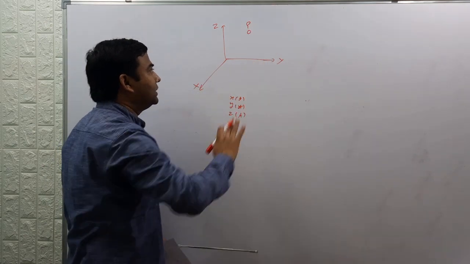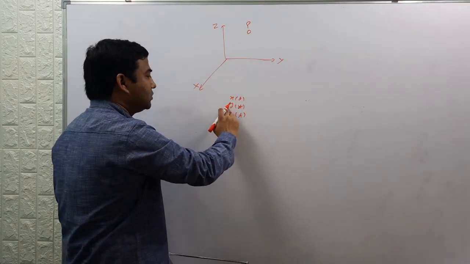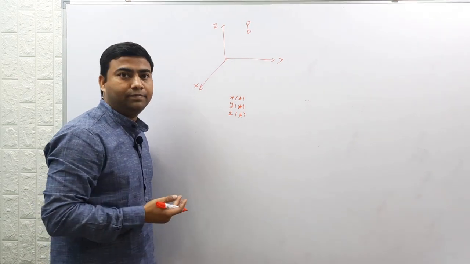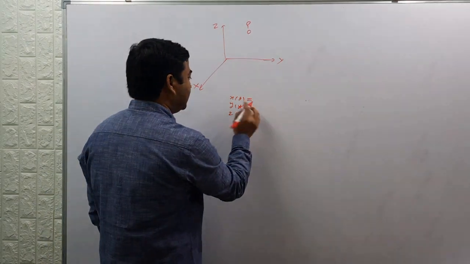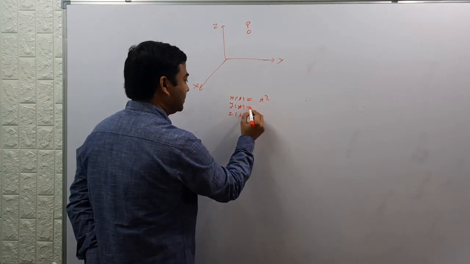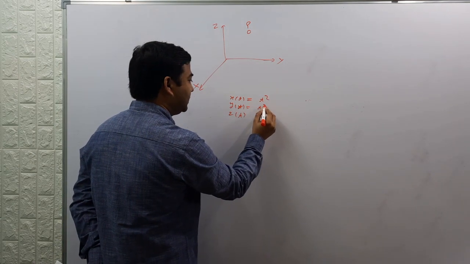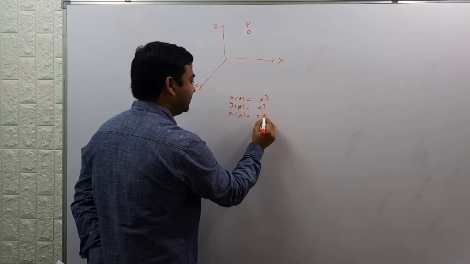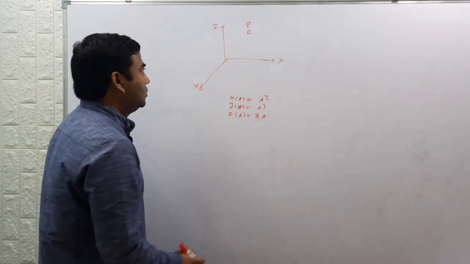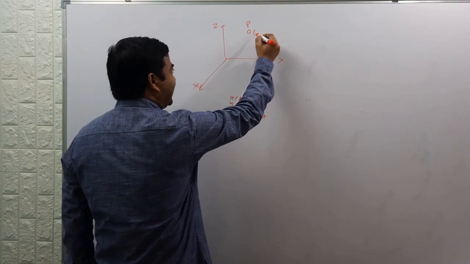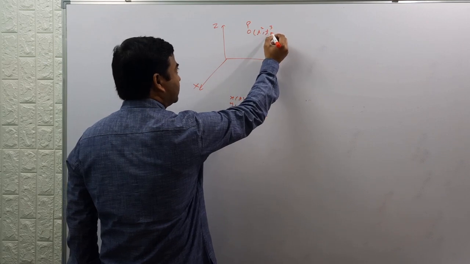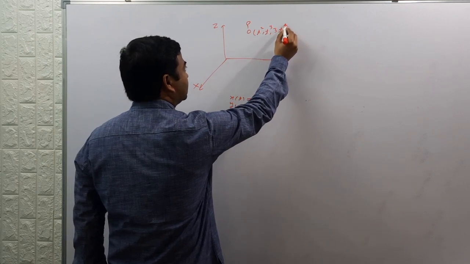As this object is moving, the x, y, z coordinates of this object will be functions of time. Let x coordinate be given by t square, y coordinate by t cube, and z coordinate by 3t. So the coordinates of this point at time t are t square, t cube, and 3t.